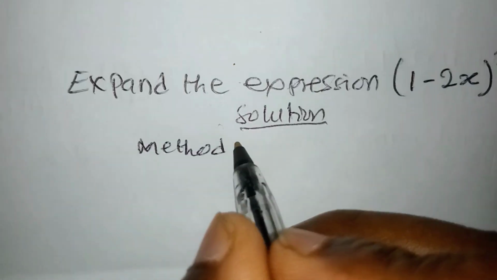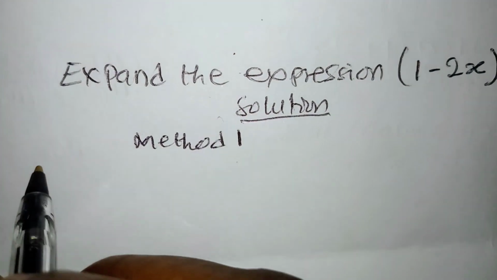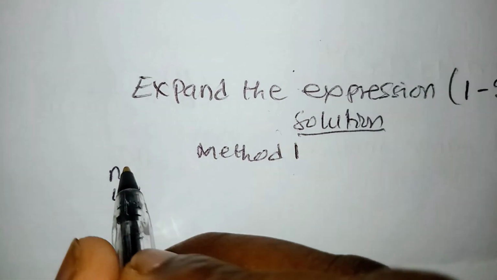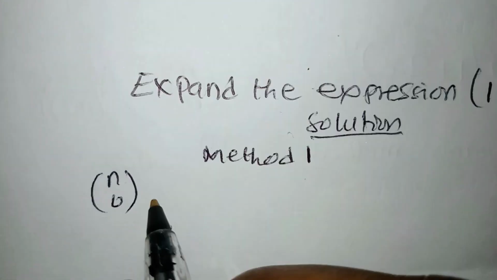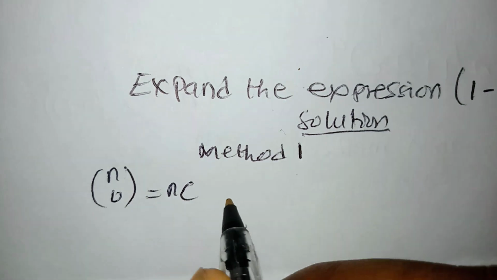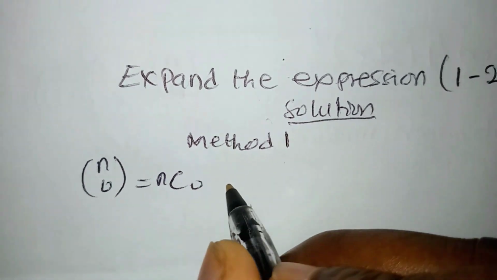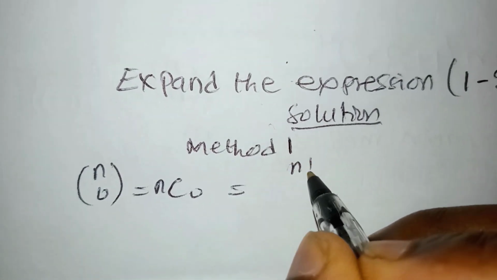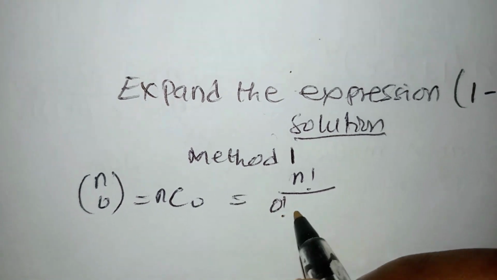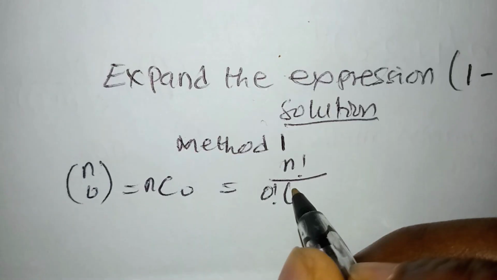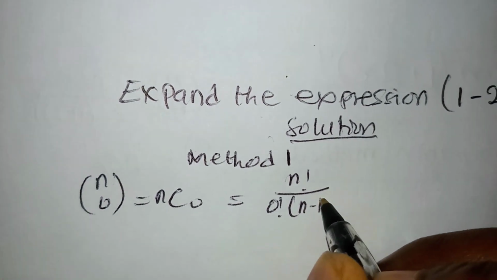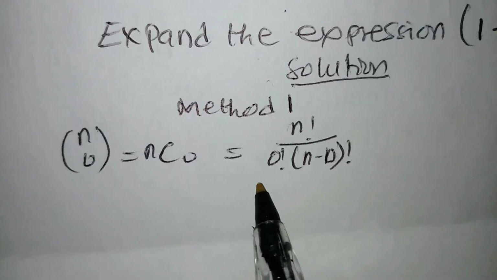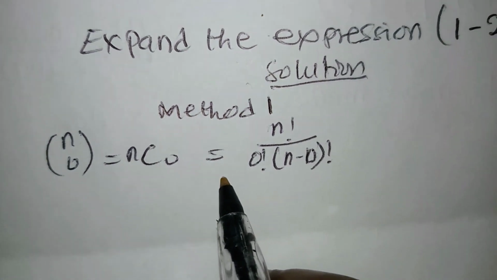With method 1, if you have n combination 0, that will be written as nC0, which can also be expanded as n factorial over 0 factorial times (n minus 0) factorial. So this is the first method I'm going to use to solve this question.